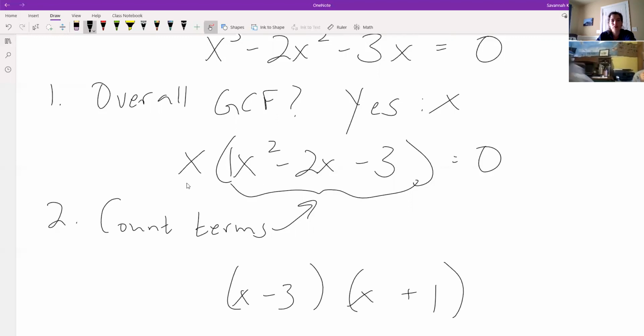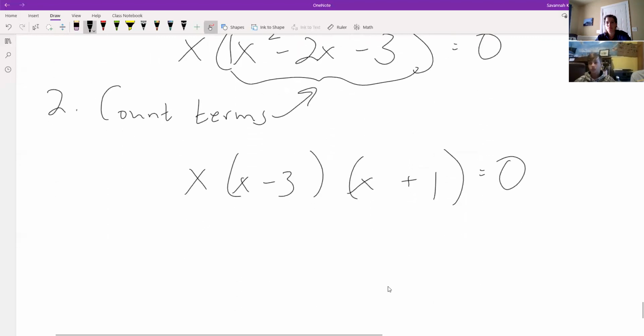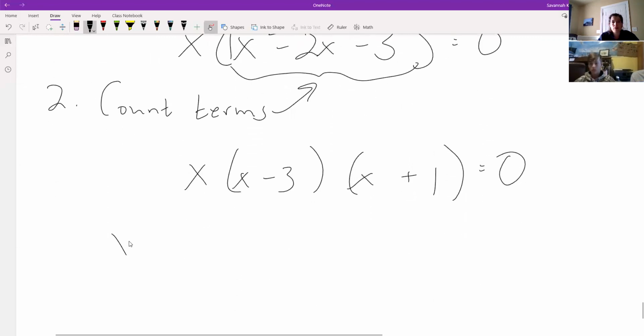Okay, but of course, we had X itself sitting out front. So this is the first time where we have factored something and been left with 3 pieces. And what you'll have to do is set all 3 of them equal to 0.